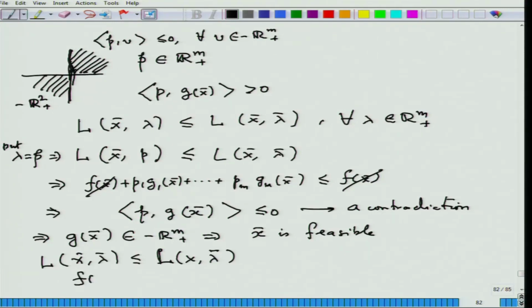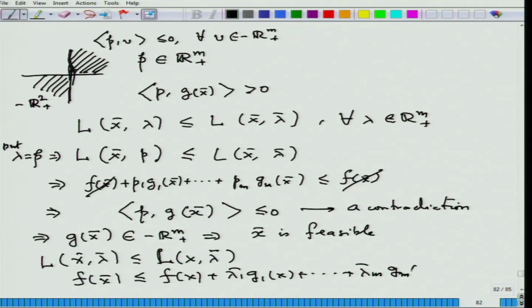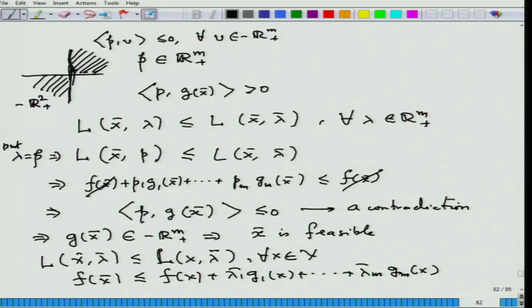So, finally, you will have f of x bar less than or equal to f of x plus lambda 1 bar G1 x and so on. But you see, if I take x to be feasible, then this is true for all x in X. So, if x is feasible, then apart from being x in X, they should also be satisfying G1 x less than or equal to 0, G2 x less than or equal to 0, Gm x less than or equal to 0.